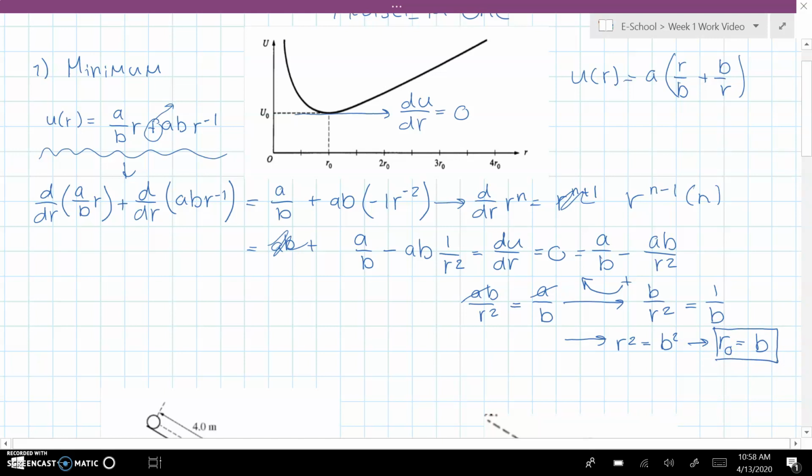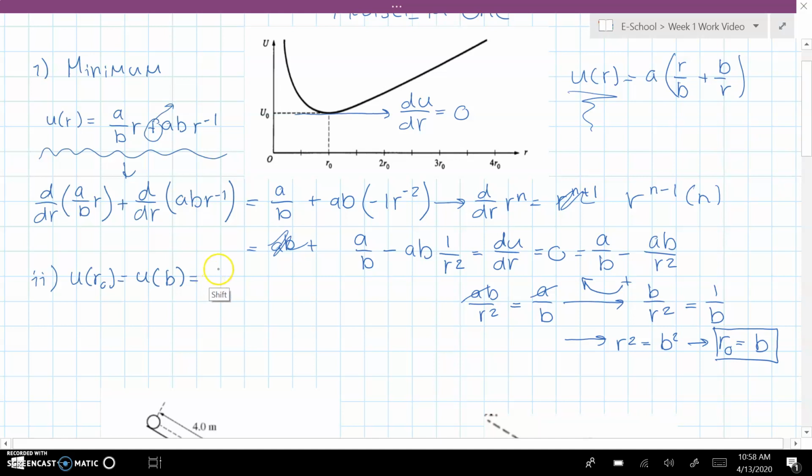Now, to figure out what the minimum potential energy is, all I need to do is take that r naught and plug it into my expression for U of r up here. So let's go ahead and do that. This is going to be part 2 of this problem. We're going to say U of r naught is equal to U of b, because we know r naught is equal to b, which is that positive constant.